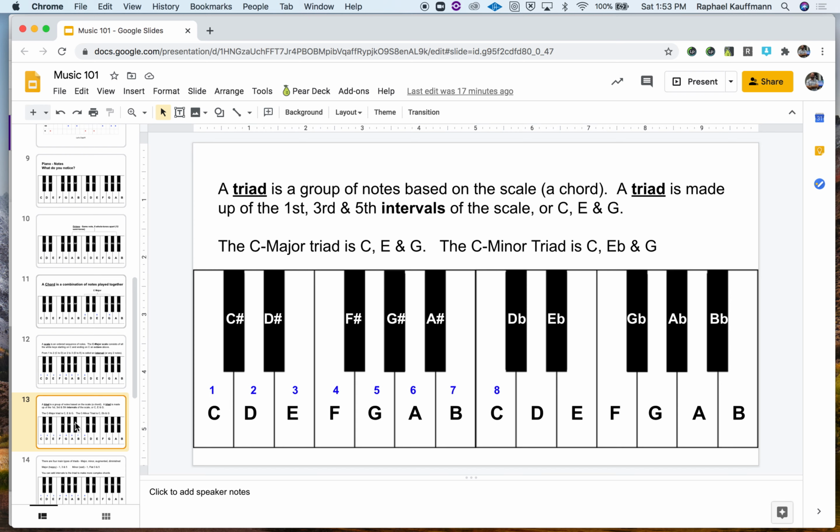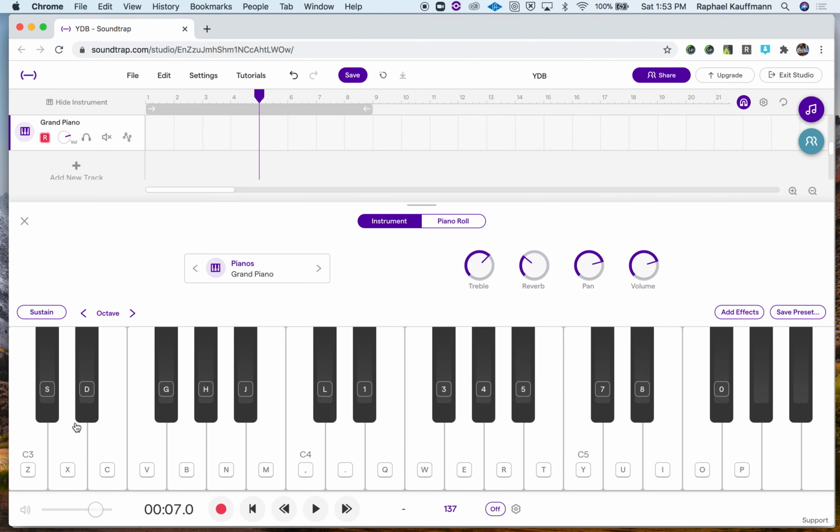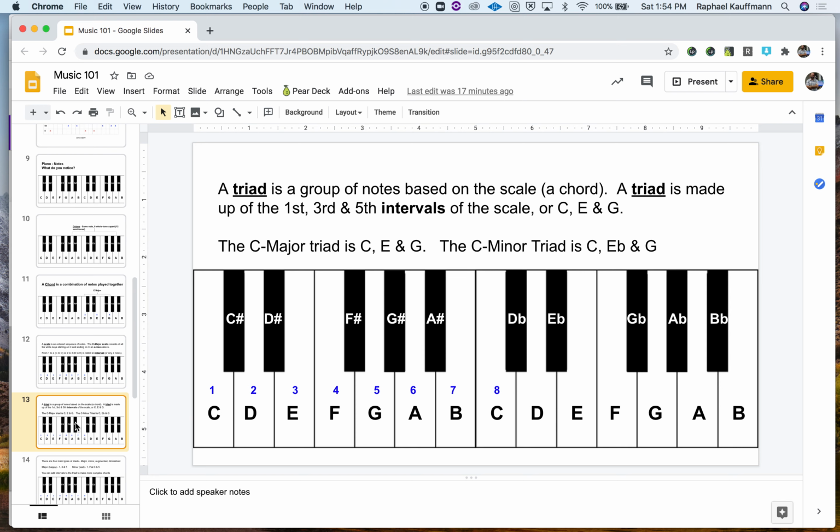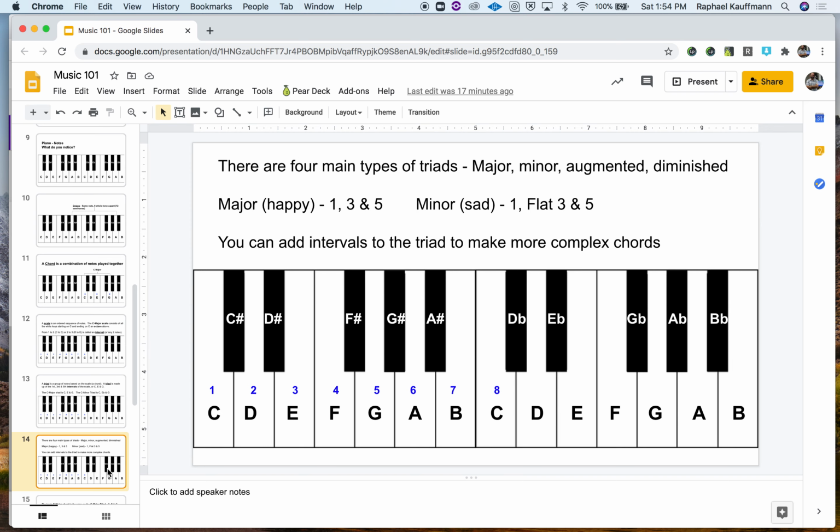In this case, because we are talking about C major, it's C, E, and G. We can also talk about the C minor triad, which takes that third and flats it, or makes it minor. We'll come back to that in a minute.